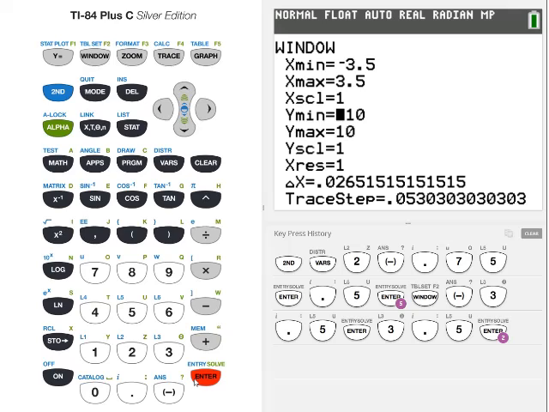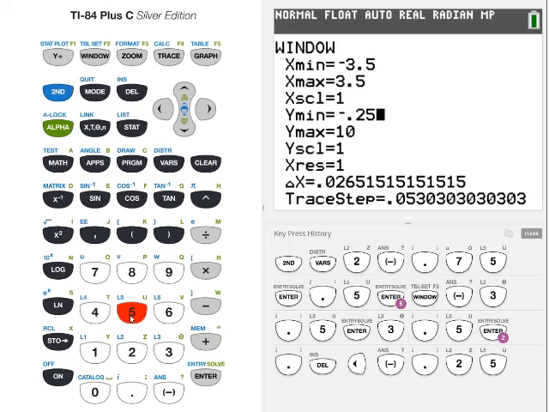For the minimum y value, let's use, that's the wrong button. Let's go back, delete that. Let's use negative 0.25 and a y maximum of 0.5. We don't need the scale on the y-axis. That's not as important to us. If you want to change the y scale, you're welcome to.